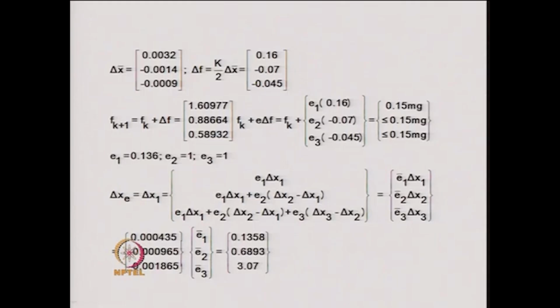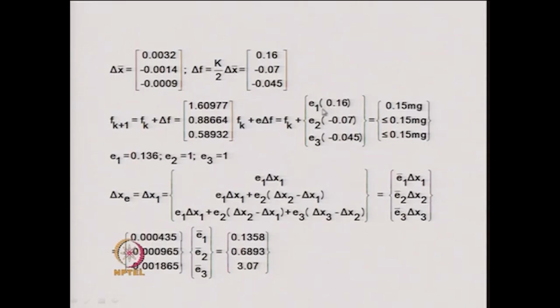So, what is done is that we factor, as before what we discussed for single degree freedom system, the delta f in such a fashion so that the shear force in the bottom column becomes equal to 0.15 mg.